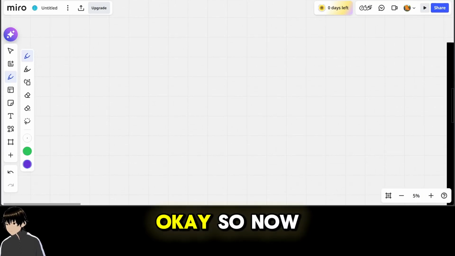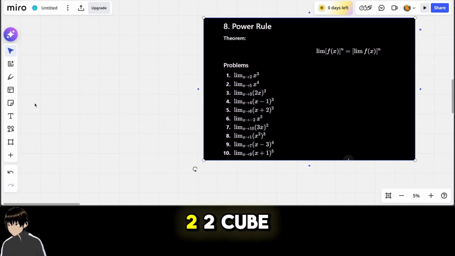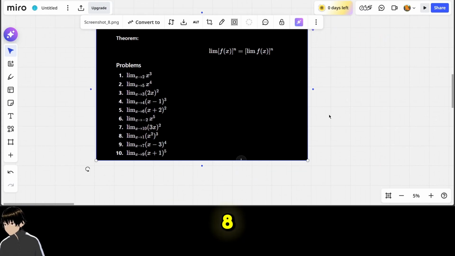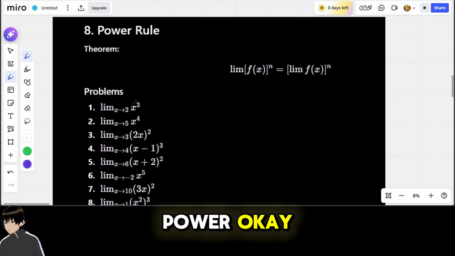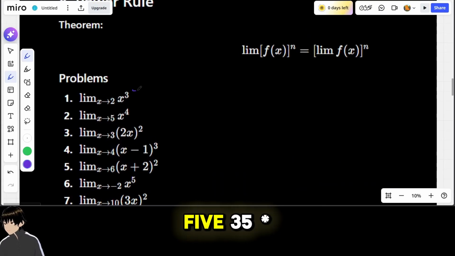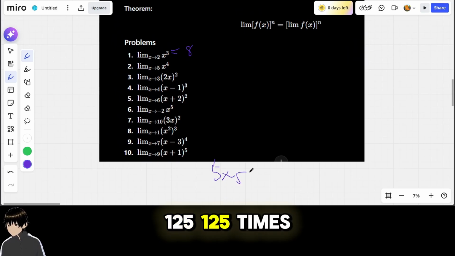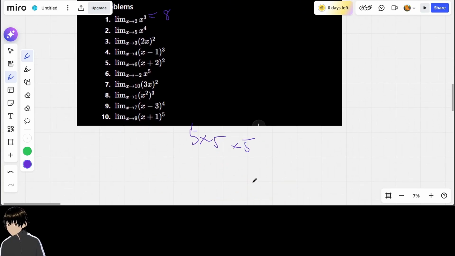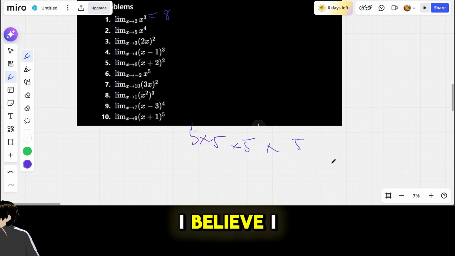Okay, so now we have this. 2 cubed, it's going to be 8. 5 to the 4th power. Okay, so 5 times 5, it's going to be 25, 125. 125 times 5 is going to be 625, I believe.